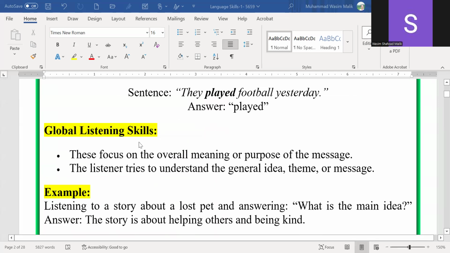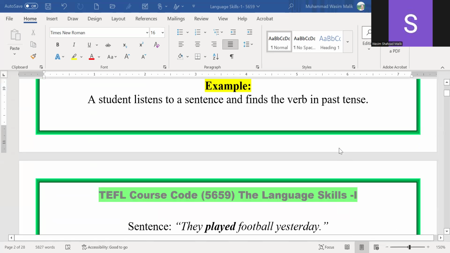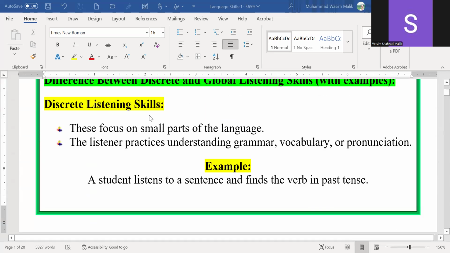And what are global listening skills? Global listening skills are the skills which focus on overall meaning, not on small parts. Overall meaning or the purpose of the message. The listener tries to understand the general idea, theme, or message. In discrete listening skill, there were three things: grammar, vocabulary, and pronunciation.